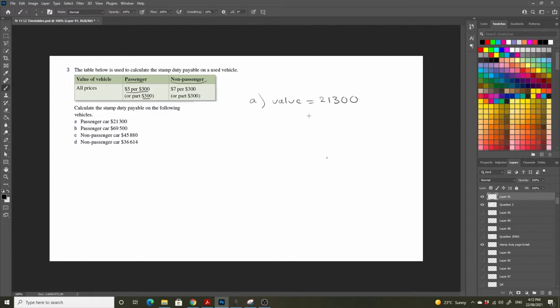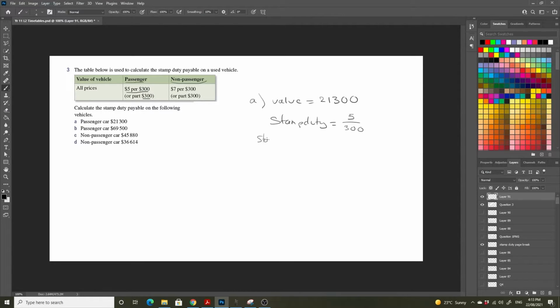Okay, so we've got our value. Stamp duty is going to be equal to $5 per 300. We can just express that as a fraction, 5 over 300.